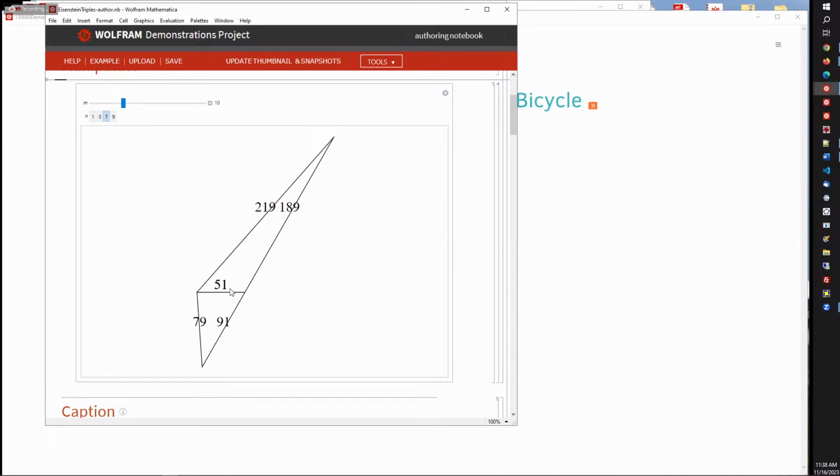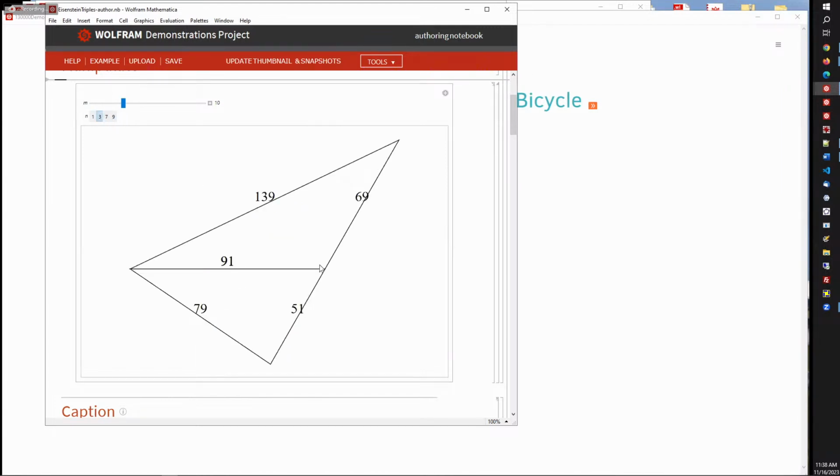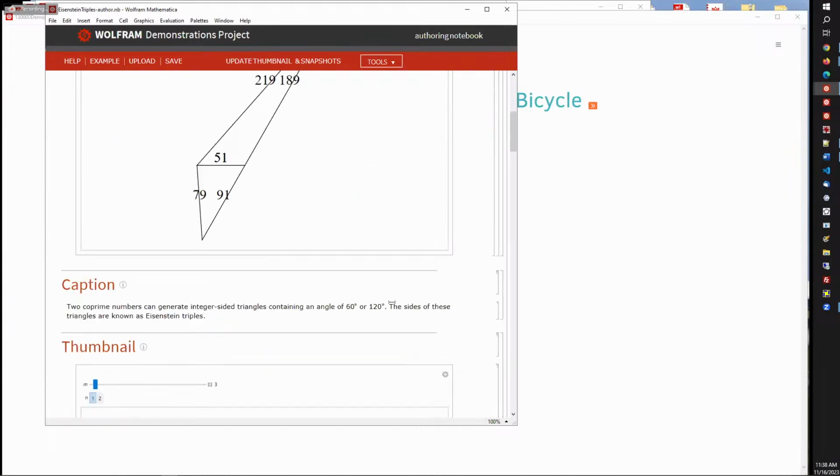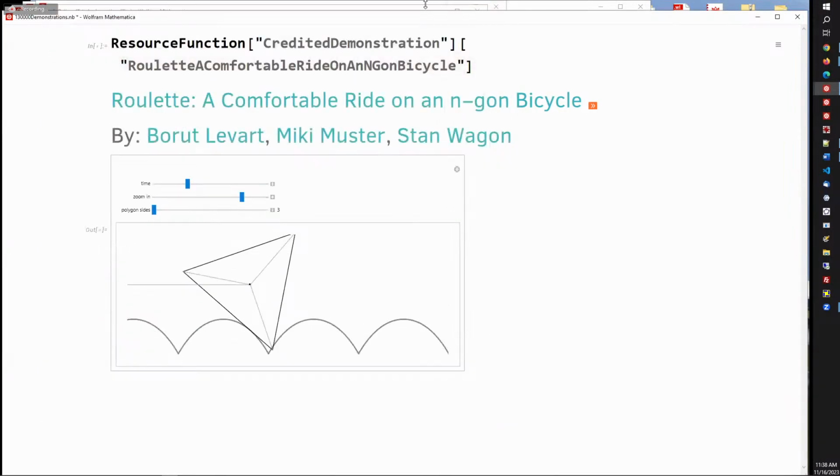And yes, 30-degree angle here and a 120-degree angle here. These are always in pairs. So this is always a way of getting a 180-degree angle out of 120 and 60. These are the Eisenstein triples.